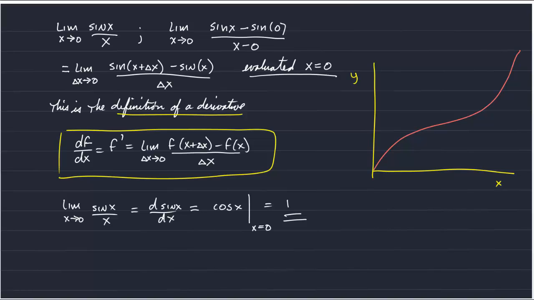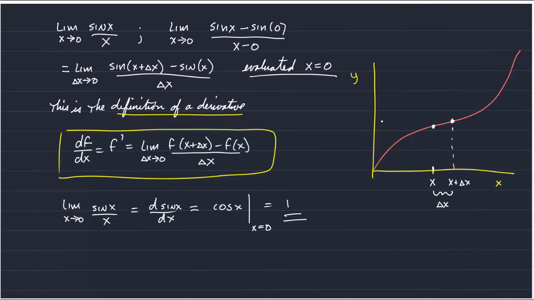Let's say we want to evaluate the derivative at point x. So we look at the function evaluated at point x, and we compare it to the value of the function evaluated a small distance from that point, delta x.